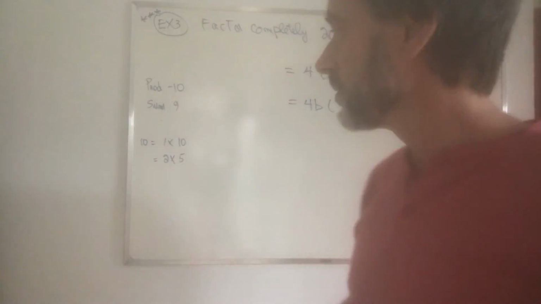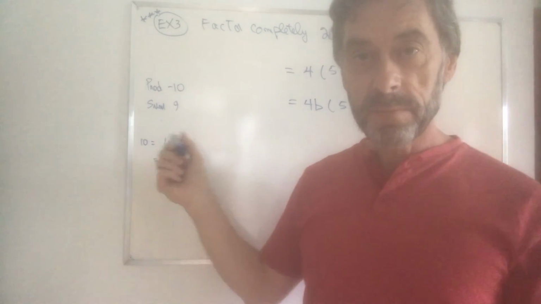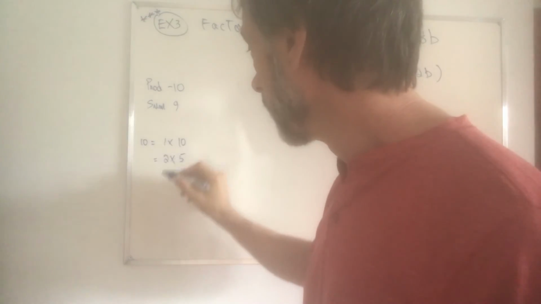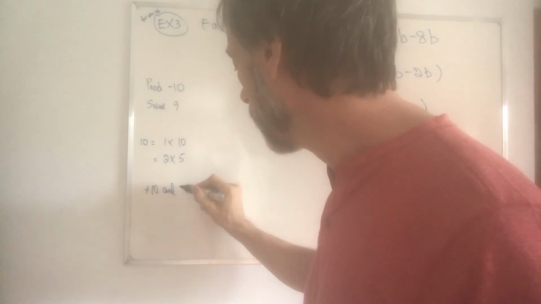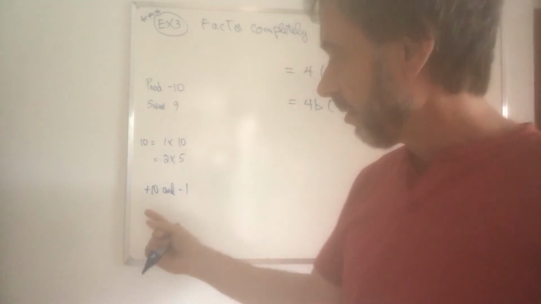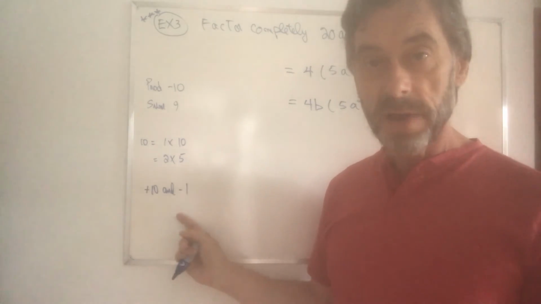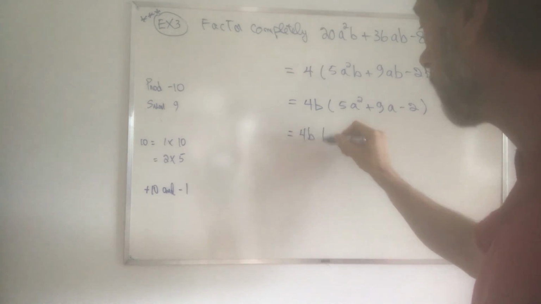Don't have a lot of choices here. So clearly, the 1 and the 10, if I combine them with the proper signs, will give me 9. So what are my numbers? I will need plus 10, and I will need minus 1. For the product of plus 10 and minus 1 is minus 10, and the sum of 10 and minus 1 is 9.